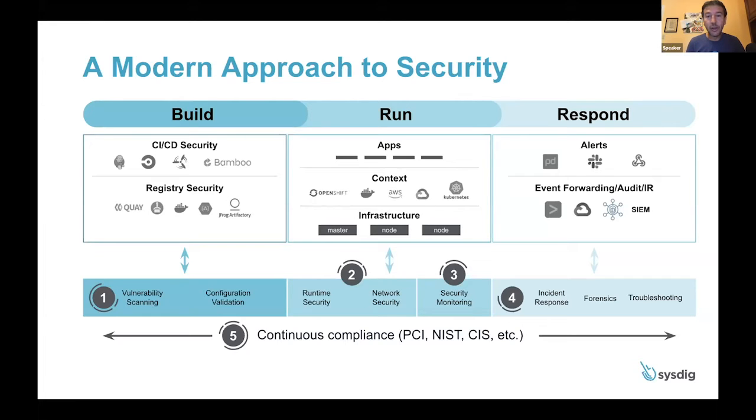So at that point, we need to make sure that we have a good posture in terms of runtime security, in terms of network security and segmentation, in terms of monitoring and collecting the right data to be able to understand not only the health, but the security of our applications as they run in our environments, any kind of environment, data center, cloud, anywhere.